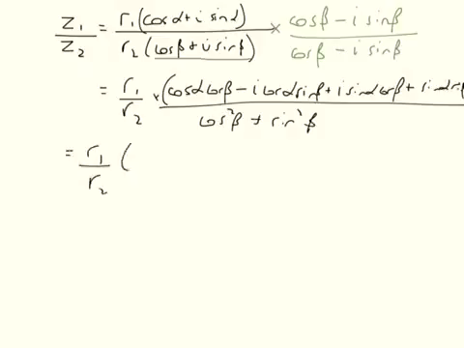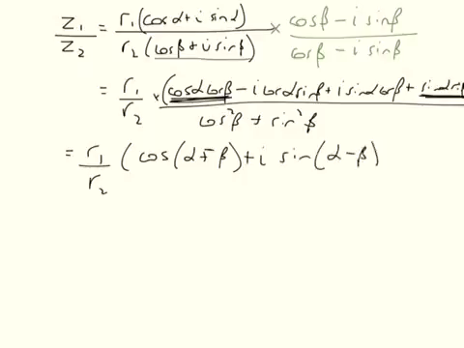So, equating the real and complex coefficients, I've got cos alpha cos beta and sine alpha sine beta. So that is the same as cos alpha minus beta plus i sine alpha minus beta.